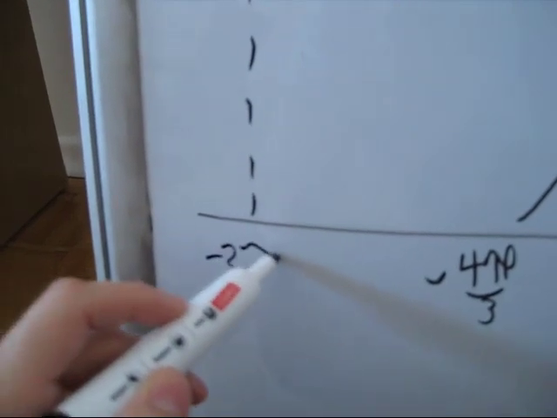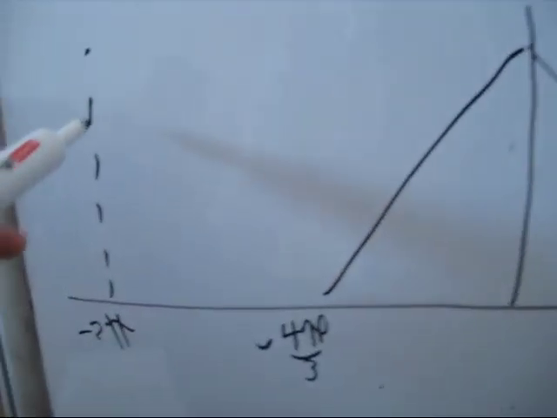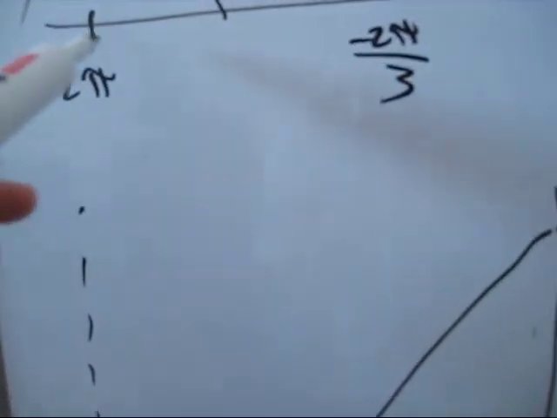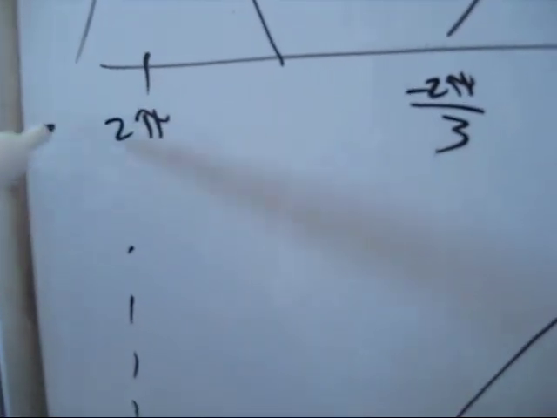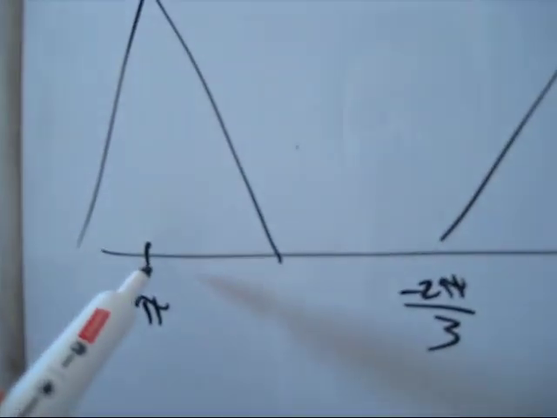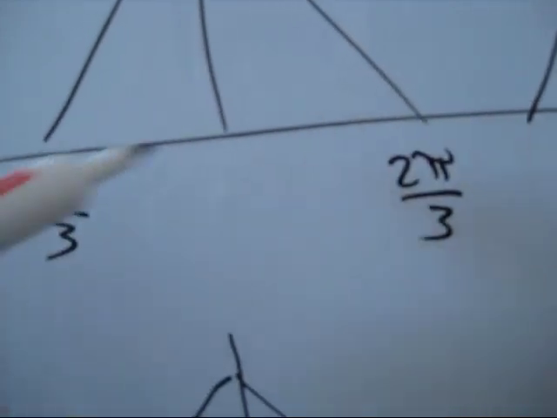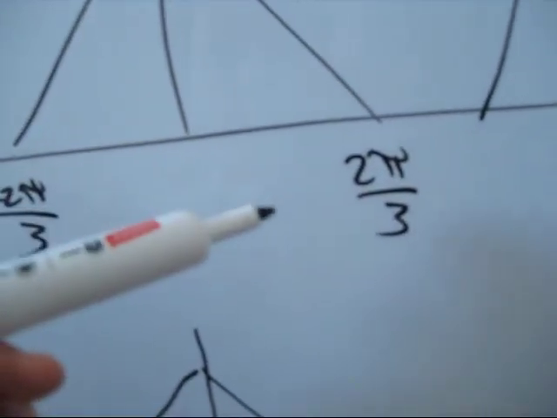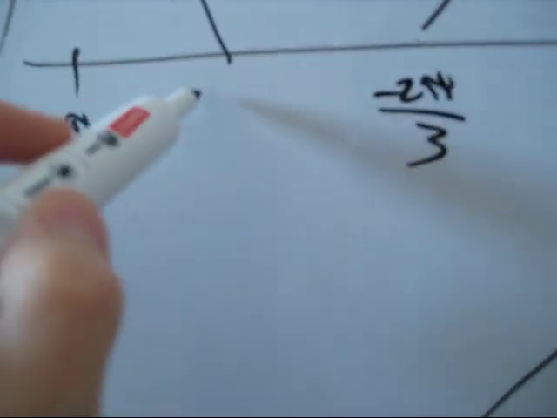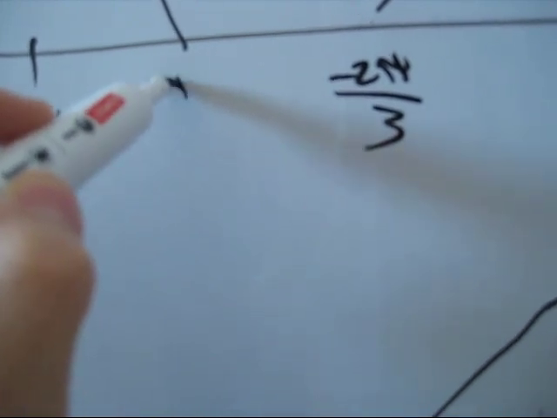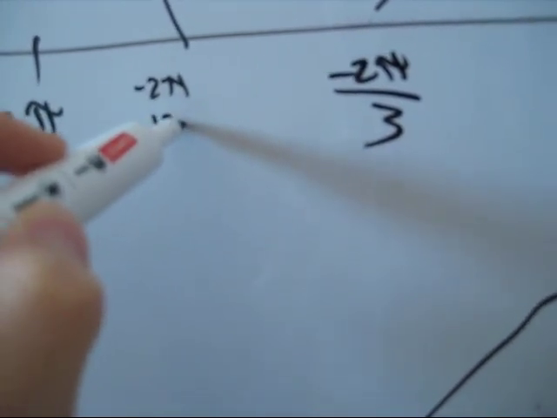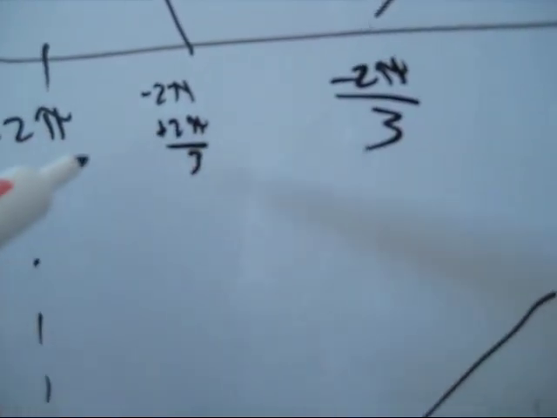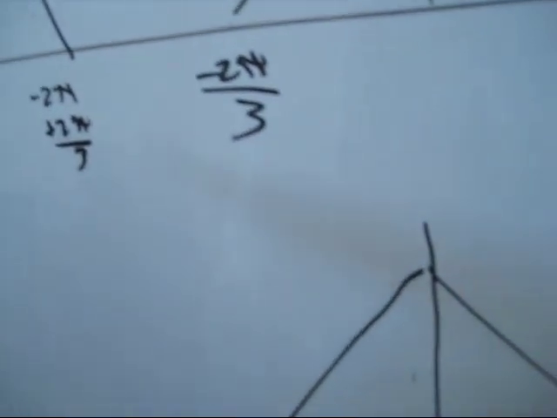This is minus 2 pi. Beautiful. Now if you look at this, this was at minus 2 pi with a width, going in both directions, of 2 pi over 3. So this point here is going to be minus 2 pi plus 2 pi over 3.